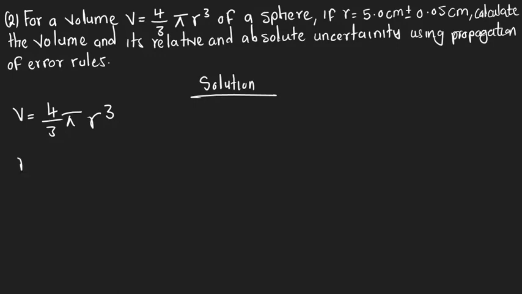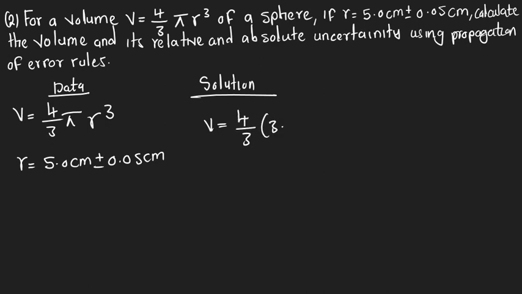We've been given the radius to be, let me write it as my data, 5.0 centimeters plus or minus 0.05 centimeters. The first thing we've been asked is to calculate the volume. So to calculate the volume, we are going to say 4 over 3 times pi, which is 3.142, times our radius.